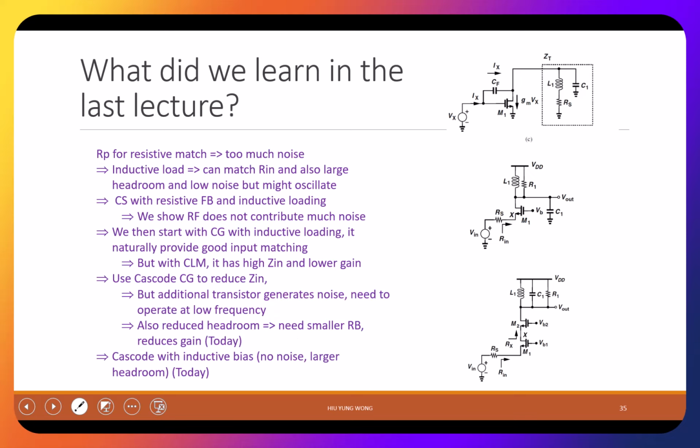Many of you got a noise figure of 6 dB. I also got 4 point something or 5. That's why I said 6 dB, because I randomly designed it. So I think you spent two weeks to achieve 6 dB.